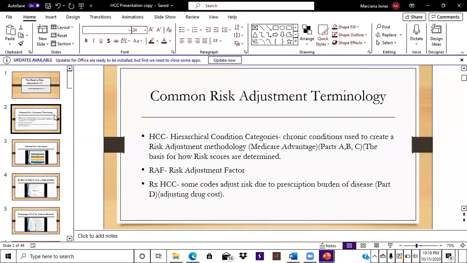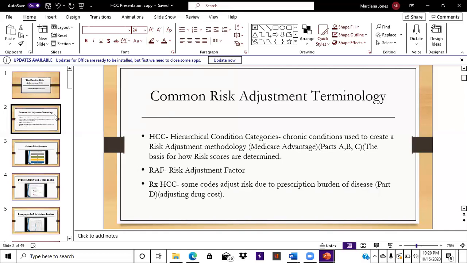Medicare Advantage, parts A, B, and C, is the basis for how risk scores are determined. If you see RAF, you're just going to say RAF. Your RAF score is your risk adjustment factor, the factor that goes into a category. RX HCC: if you know your terms, then you know RX means prescription.